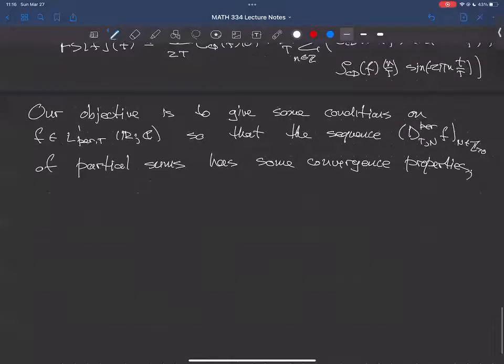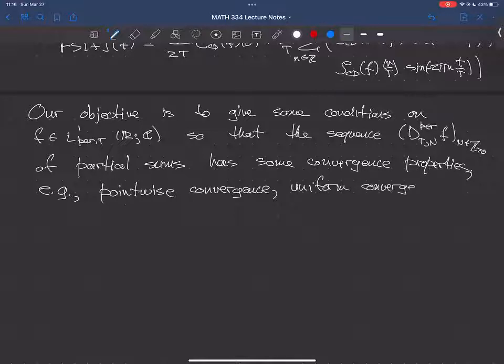So, for example, pointwise convergence, uniform convergence, convergence in L^p, and there may be other things you want to talk about, and we'll even talk about some of them, or just one of them. Okay, so that's one of the things we're going to do.